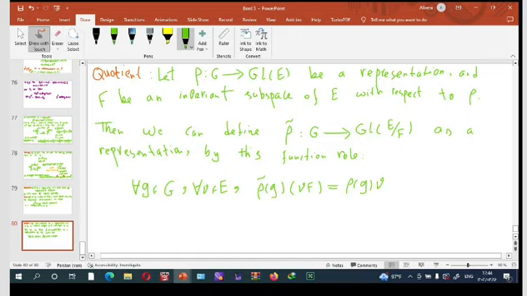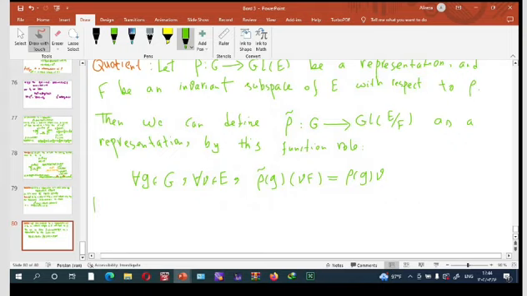Please note that for any g in our group G, rho tilde of g must be a linear injective function from this quotient space to itself.